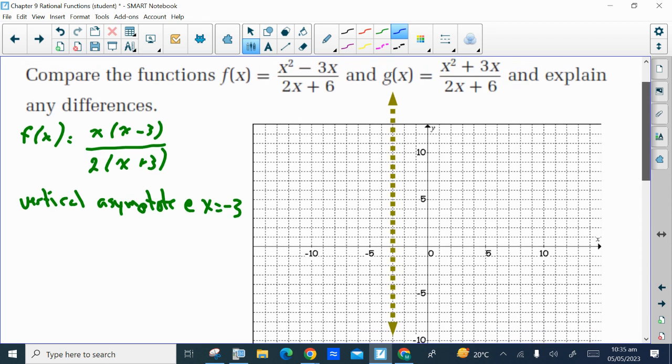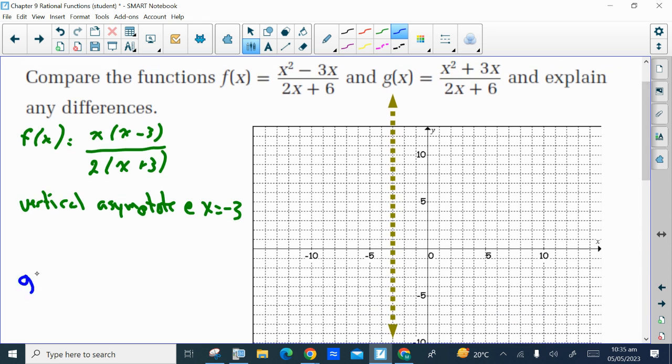start working with g of x. Again, there's a common factor of x on top. And in this case, the common factor of 2 on the bottom also gives us x plus 3. So those ones will cancel.